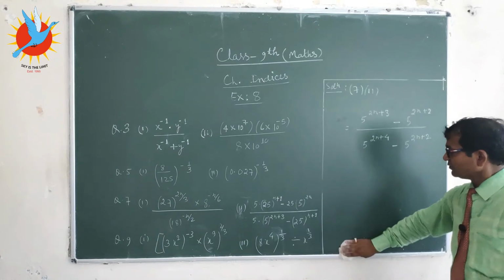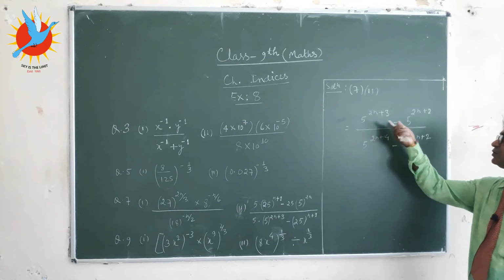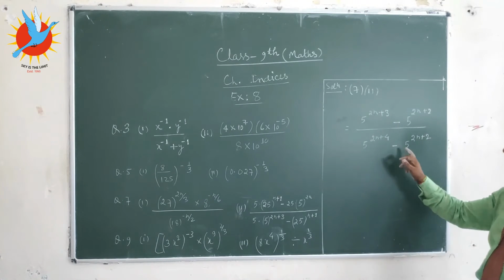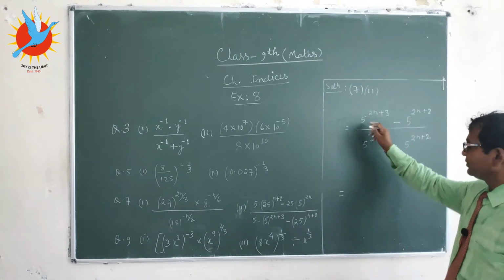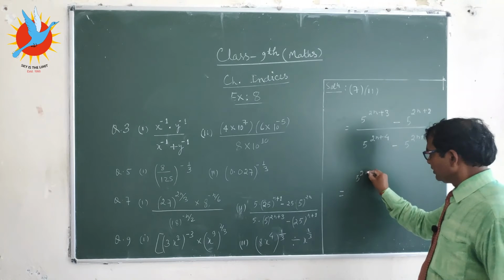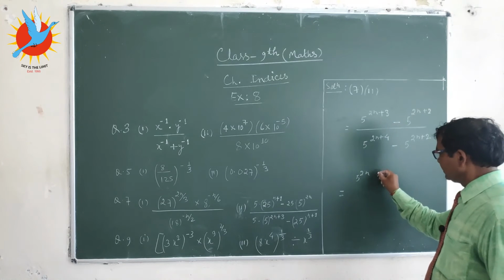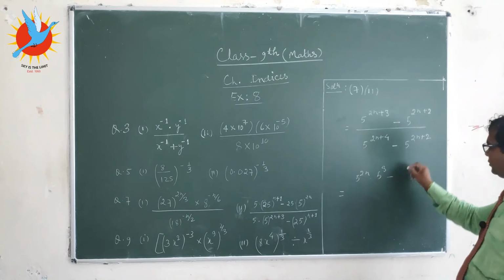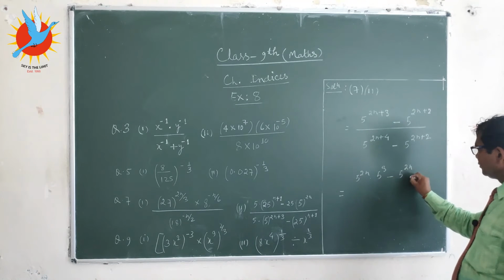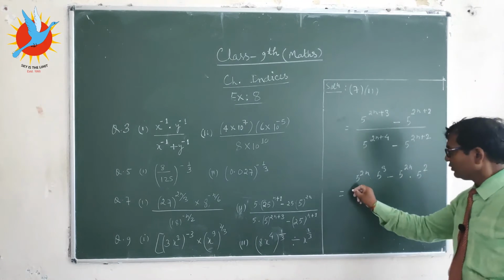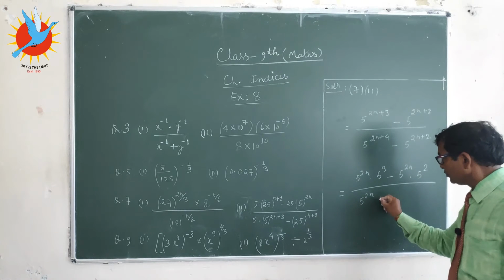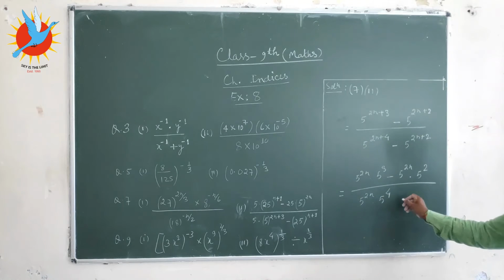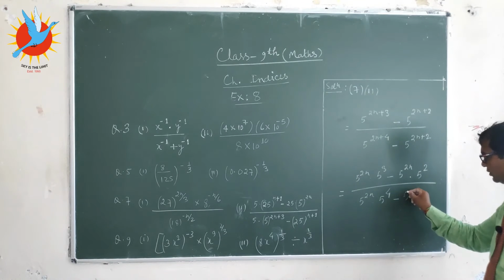Now if you break this, this will be 5 to the power 2n into 5 to the power 3 minus 5 to the power 2n into 5 square over 5 to the power 2n into 5 to the power 4 minus 5 to the power 2n into 5 to the power 2.